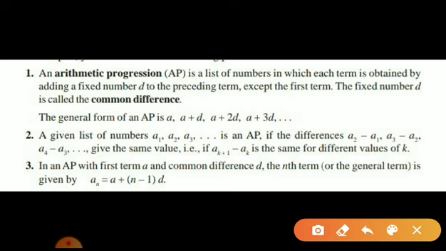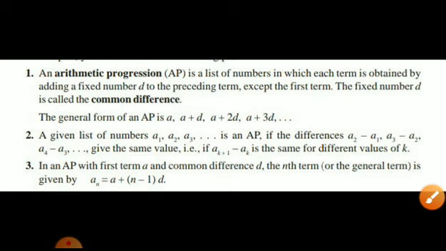If both the differences are the same, then we can say the sequence is in AP. Is it clear? Then the third point: in an AP with first term a and common difference d, the nth term of the given sequence is given by an is equal to a plus n minus 1 d.